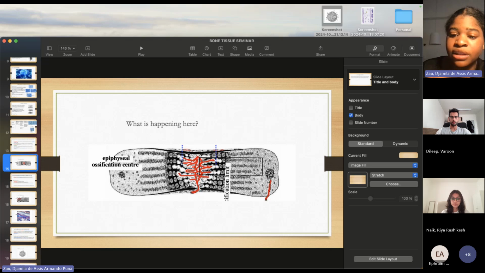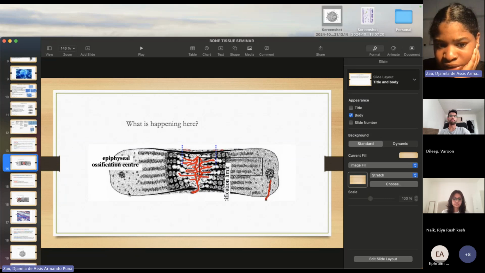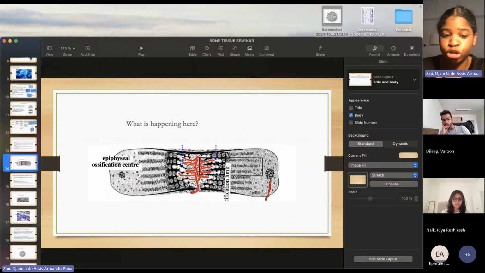And the osteoblasts would then start secreting the osteoid to make the primary bone. Okay? And as you can see, this is the epiphysis. So do you know what this area is called? This is anatomy, guys. If this is the epiphyseal part, what is this part called? Diaphysis. Thank you. So all of this is happening in the diaphysis, and it's happening towards the epiphysis.